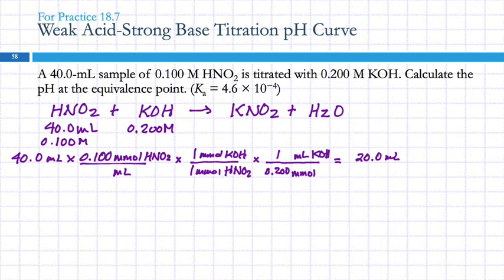So we know that we've added equal molar amounts of the acid and the KOH. Well, what are the millimoles? So it's 4 millimoles, right? 4 millimoles of acid, 4 millimoles of base.